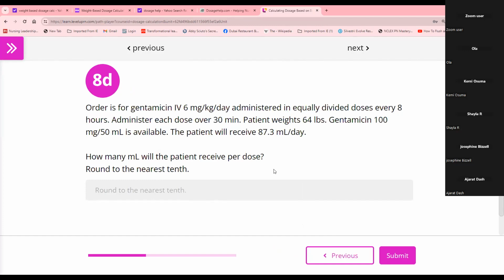And now it's going to ask us for mLs per dose. So first thing you're going to do is what? The 87.3 divided by 3, I think. Okay, good. 29.1. Yeah, that's what I got. Yeah, I got 29.1.